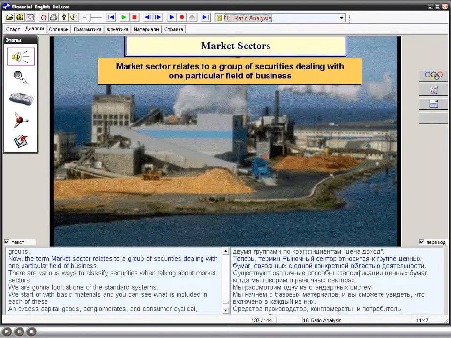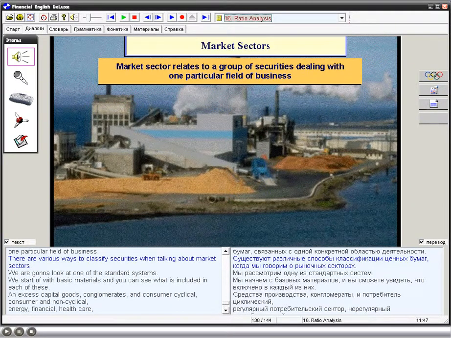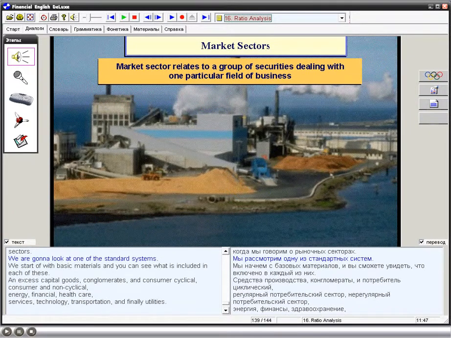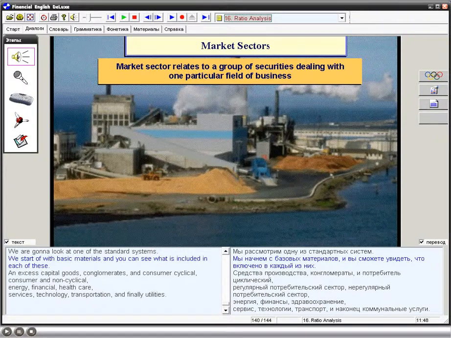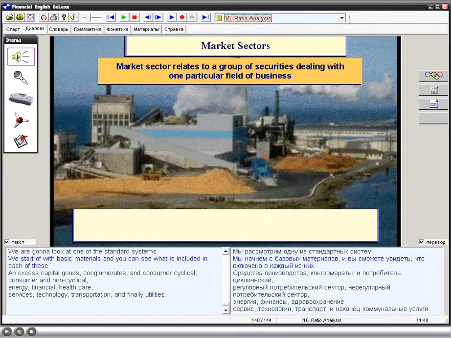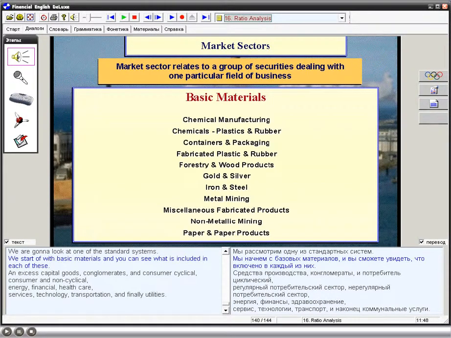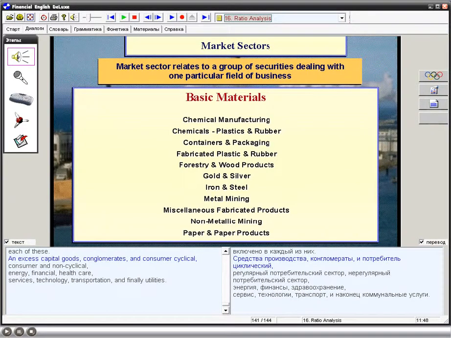Now, the term market sector relates to a group of securities dealing with one particular field of business. There are various ways to classify securities when talking about market sectors. We're going to look at one of the standard systems. We start off with basic materials, and you can see what's included in each of these.